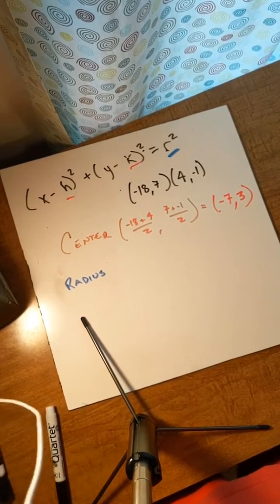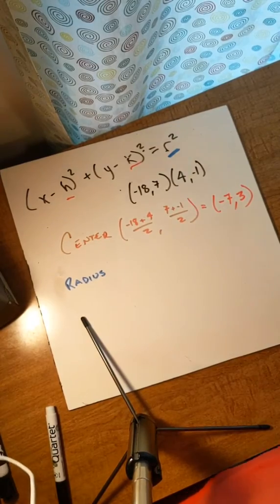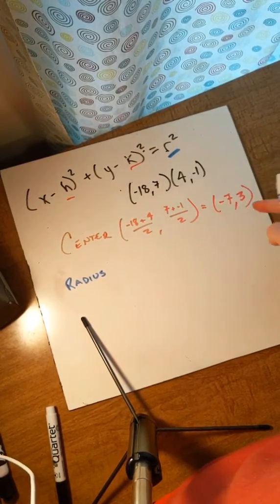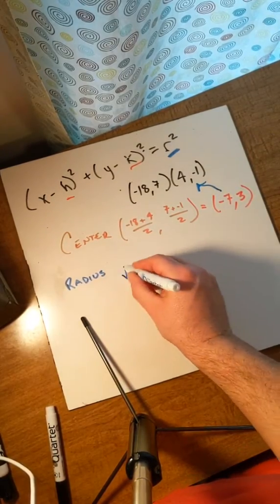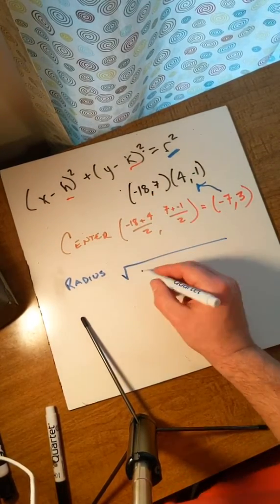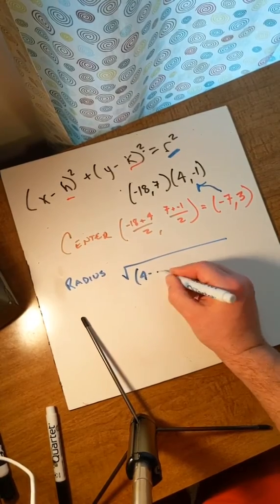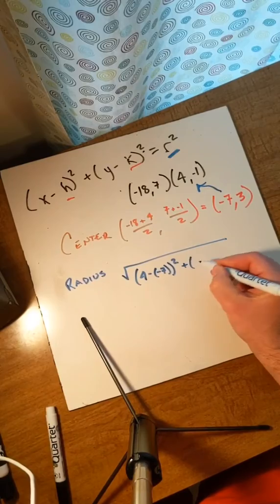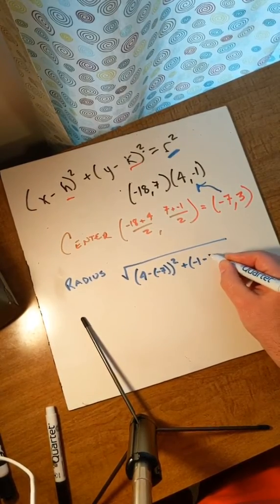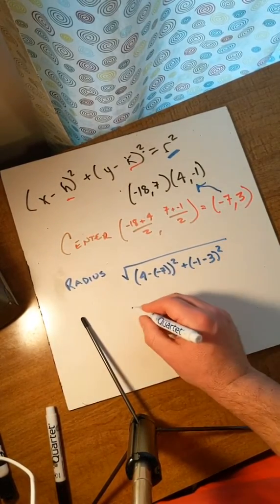Okay, next we're going to find the radius by finding the distance between the center and either one of those points. I'm just going to do the second one. It's smaller numbers. We'd get the same thing if we do that one there. But let's see. We got 4 minus negative 7 squared plus negative 1 minus 3 squared.